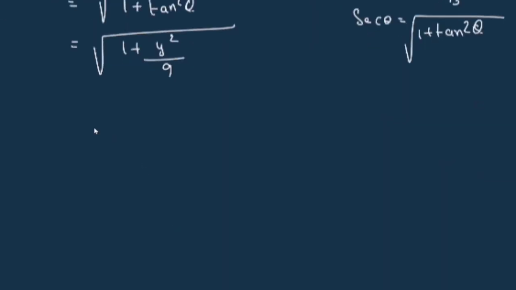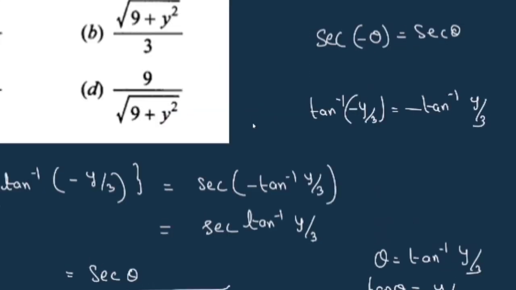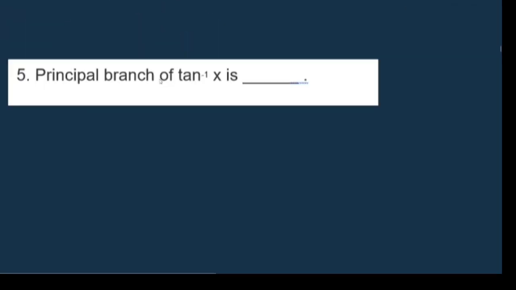So that is nothing but root of 9 plus y square by 3. Root of 9 is 3. So root of y square plus 9 by 3, option B is the answer.